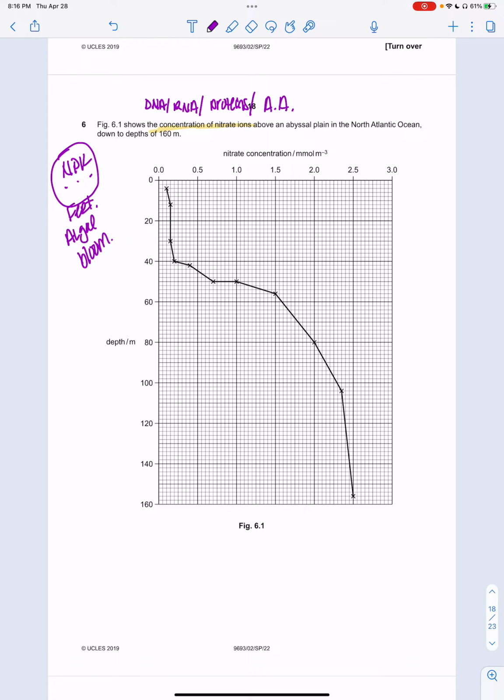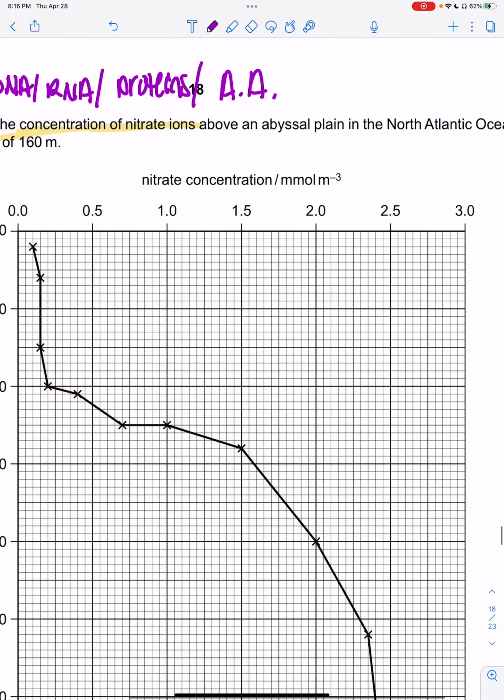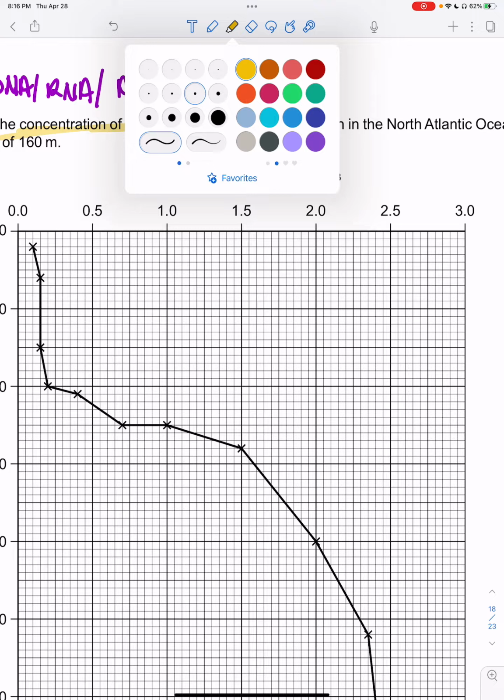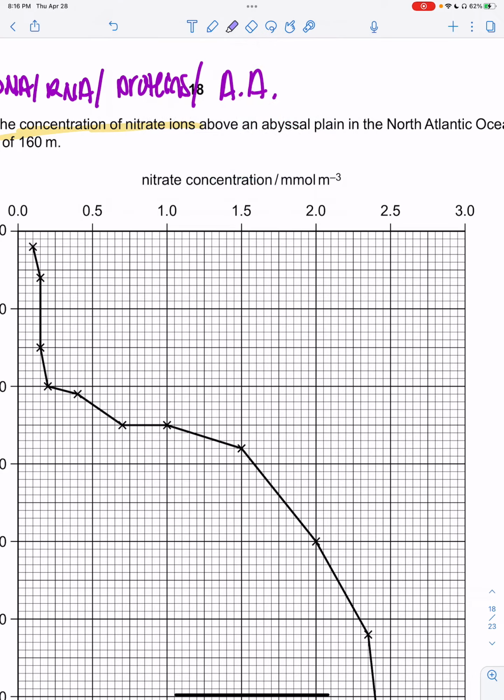Okay. Above the abyssal plain in the North Atlantic Ocean, down to depths of 160 meters. Okay. Notice the unit, even if you're wondering what is a micromole. Who cares? You don't need to know it. You just need to duplicate it.